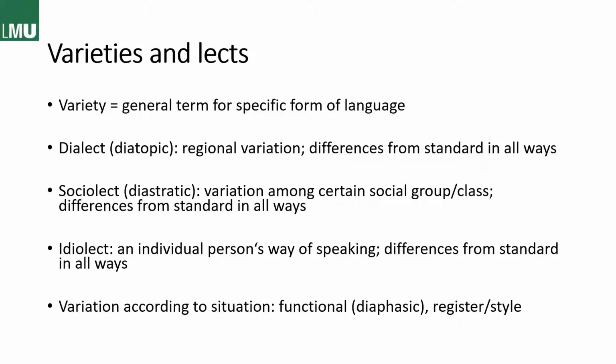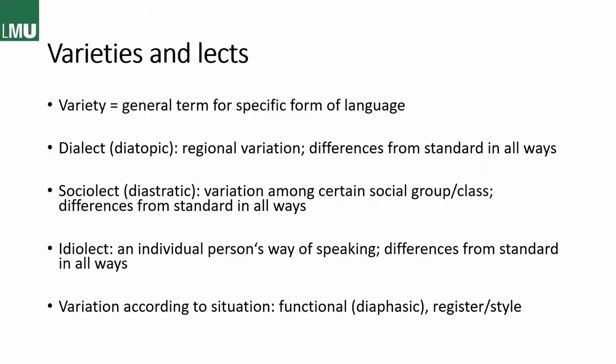And then we have variation according to the situation. And there we can differentiate between functional variation, which is diaphasic variation. For example, when you just code switch between two different varieties, because once you're with your family and in another situation you're with your friends and you speak differently then.